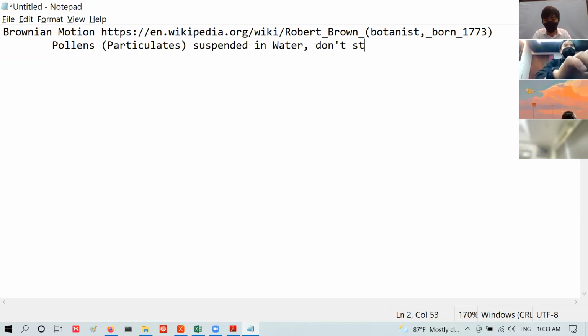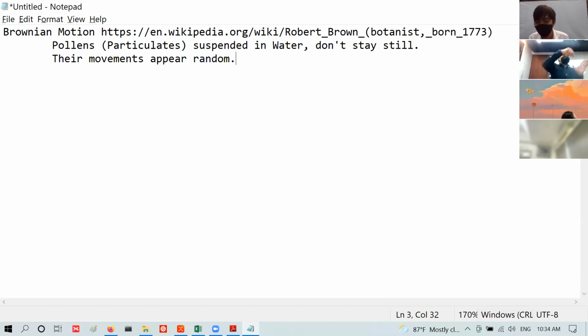It stays still, yet their movement is random. You're not stirring it, because if you stir it, it goes in a circle, right? And you're not heating it up. There's no bubbling. You're not putting in any energy. This first statement doesn't sound like a big deal to you, but it's a big deal to scientists, because if you're not adding energy, where is it getting its motion?